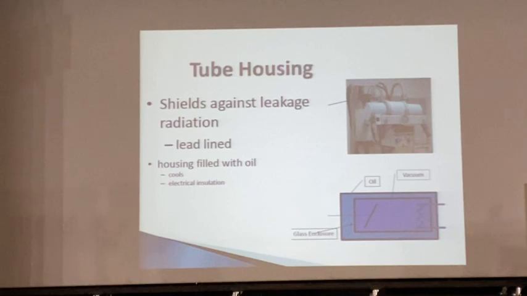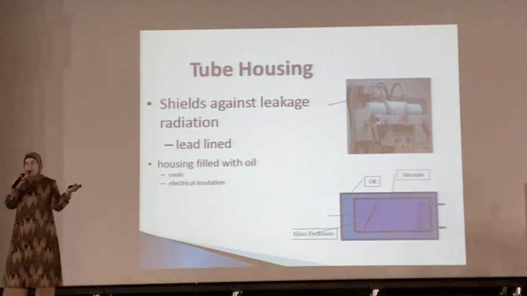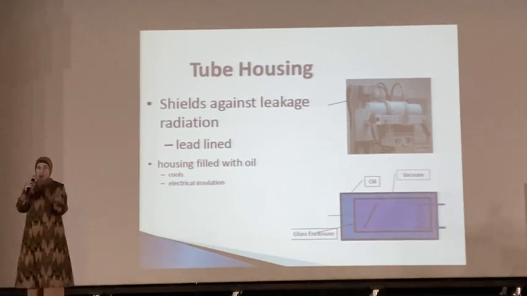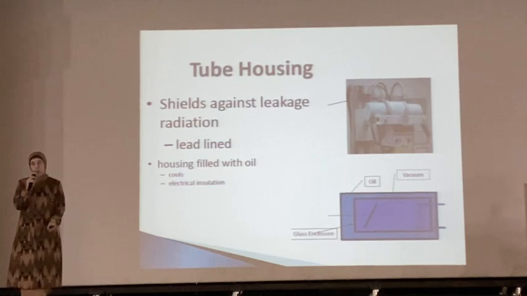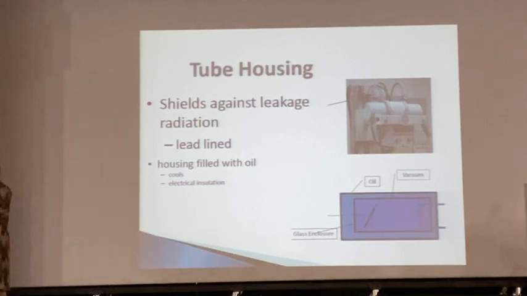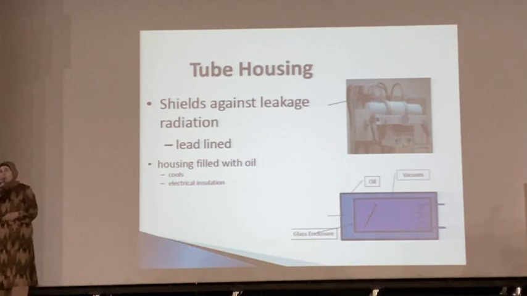So the glass envelope has only one window here. The X-ray should go out from that window, not from the others or randomly. The lead shield is there to prevent the leakage and to create an X-ray beam that is transmitted through the window.